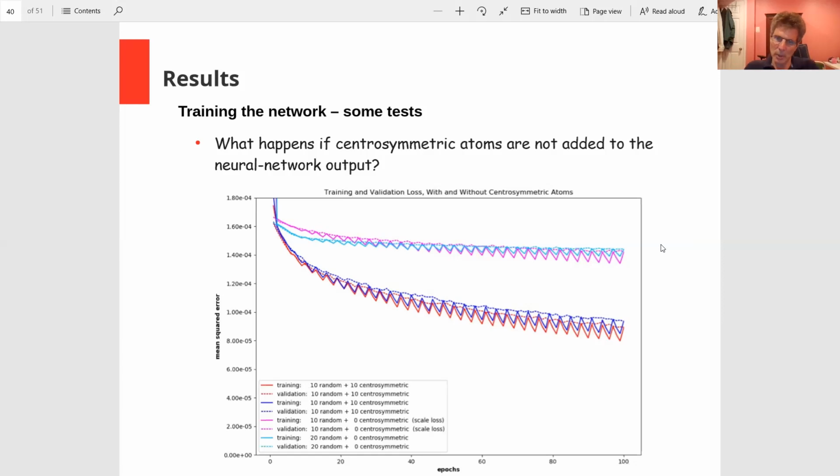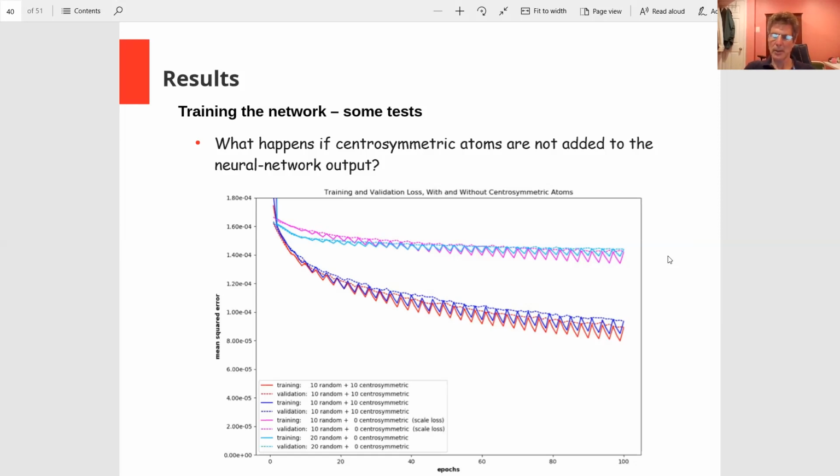And so in one case I'm training with 10 atoms, doing a small bit of scaling, and in one case I'm training with 20 atoms. And what you can see is that the network is not training nearly as well, if it's training at all. So when you don't take into account training on the atoms and the centrosymmetrically related atoms, the network does not train anywhere nearly as well as when you do take it into account.